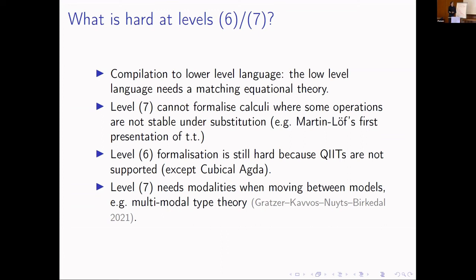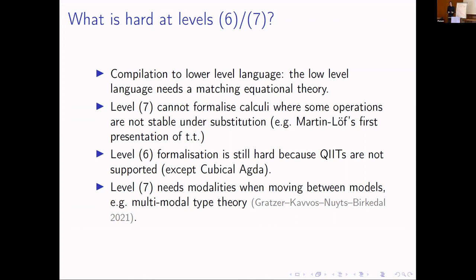And in practice, these abstract formalizations are underused because most proof assistants don't allow QIITs, or quotient inductive-inductive types, or initial algebras of generalized algebraic theories, in other words.